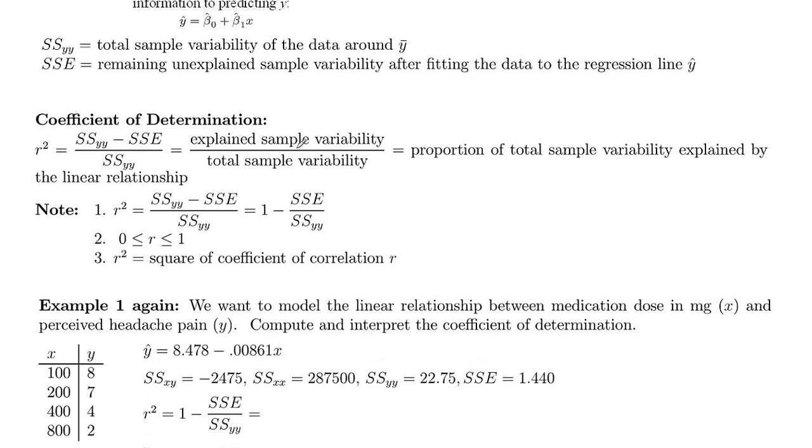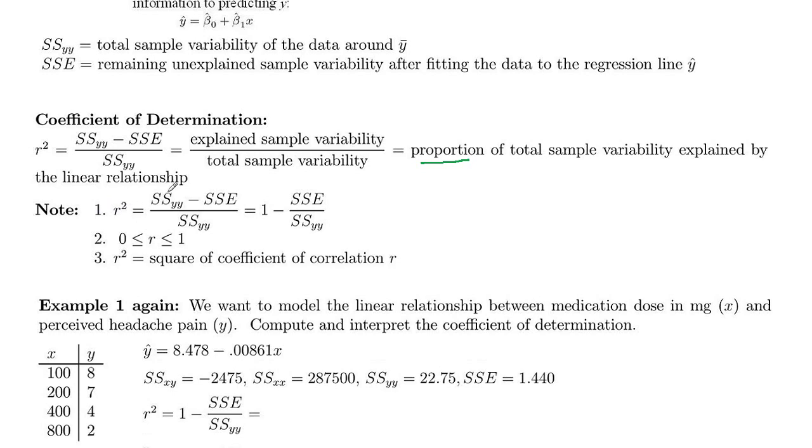That's what we would call the explained sample variability. And SSYY is the total sample variability around the mean. So if we divide those two, we get the proportion of the total sample variability that's explained by the linear relationship. We denote our coefficient of determination by R squared.